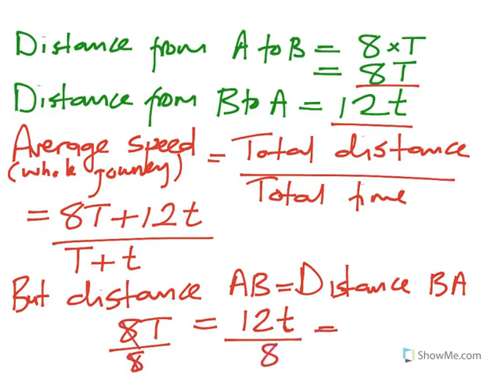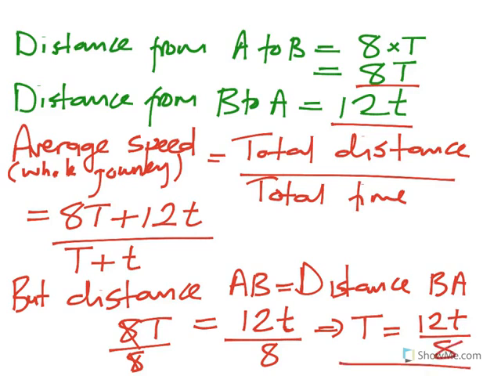So now what do I have? I have the big T is equal to 12t over 8, without simplifying it, that's still fine.